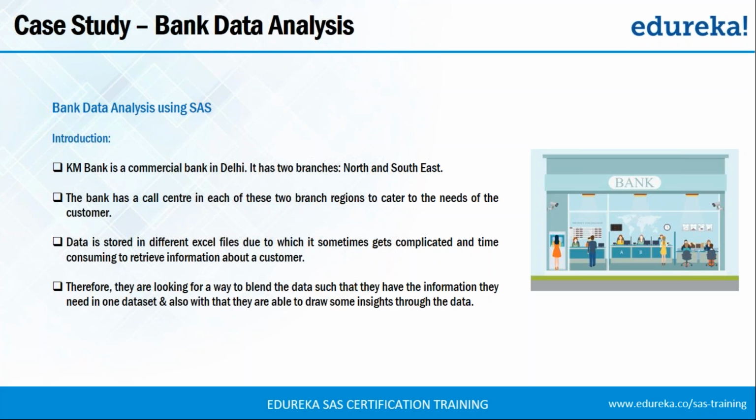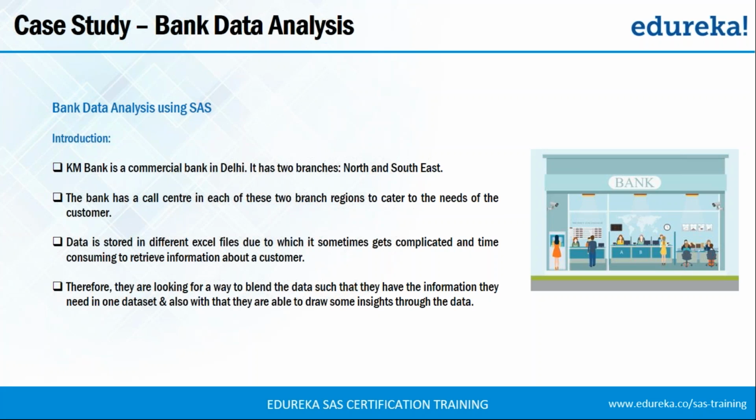So there are two call centers with incoming and outgoing calls for the bank, and the data is in silos. The North branch deals with its own data, and the South and East branch deals with its own data.